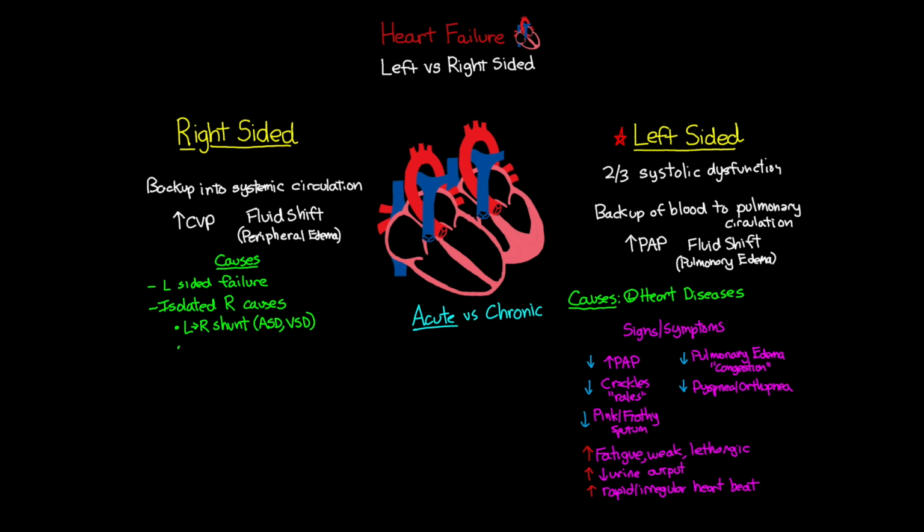Now, the other common isolated right-sided heart failure cause is going to be our patients with chronic lung disease. And what's happening here is as a result of these various lung diseases, your patient is going to be persistently hypoxic.